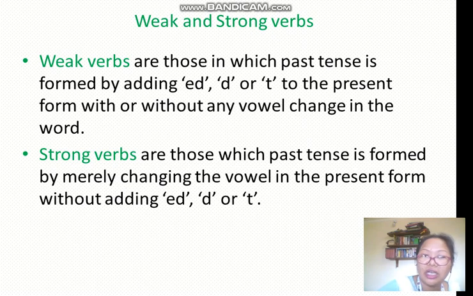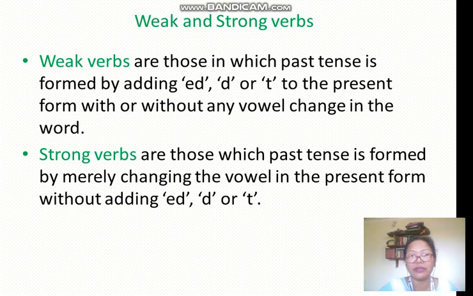In weak verbs, we add ed, d or t to the present tense to make a past tense. But in strong verbs, we don't add ed, d or t, but we change the vowel in the present form to make a past tense. These are called strong verbs.